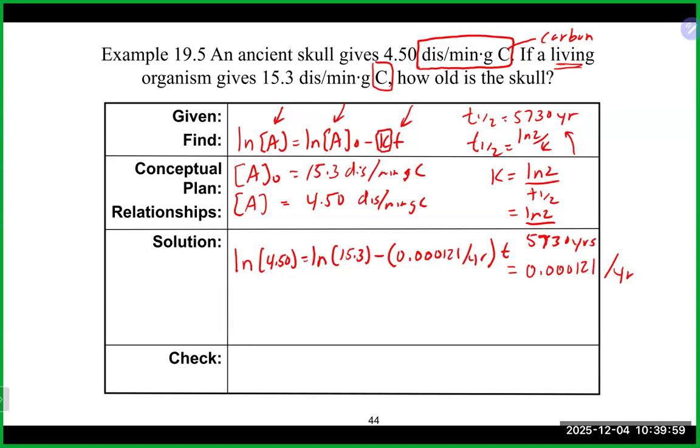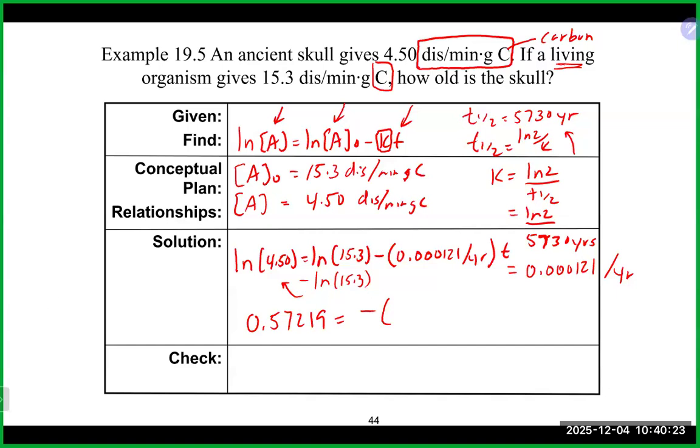We're going to take the natural log of 4.5 and subtract it from the natural log of 15.3, so basically subtracting to the other side. That's going to give us negative 1.2238 equals negative 0.000121 reciprocal years times t. I hit the wrong button there, so let me try that again.